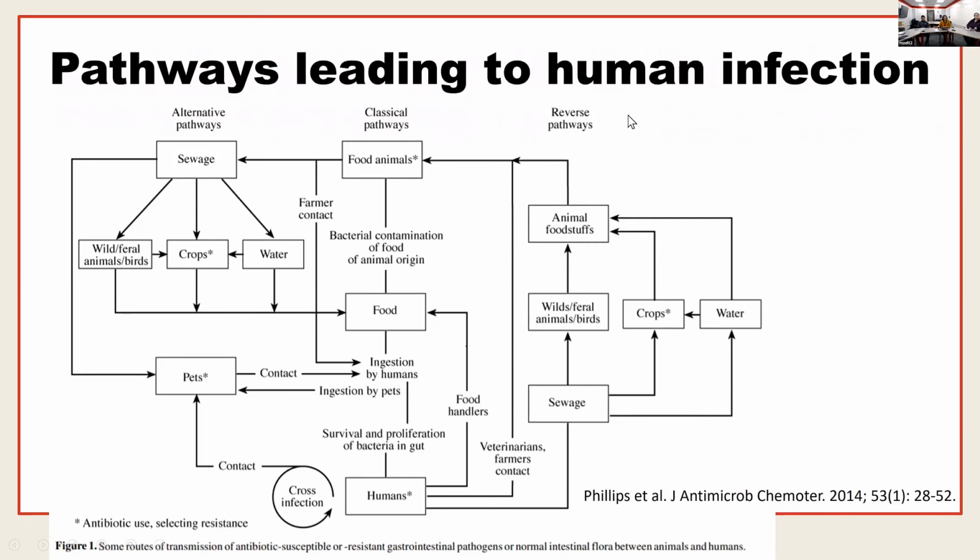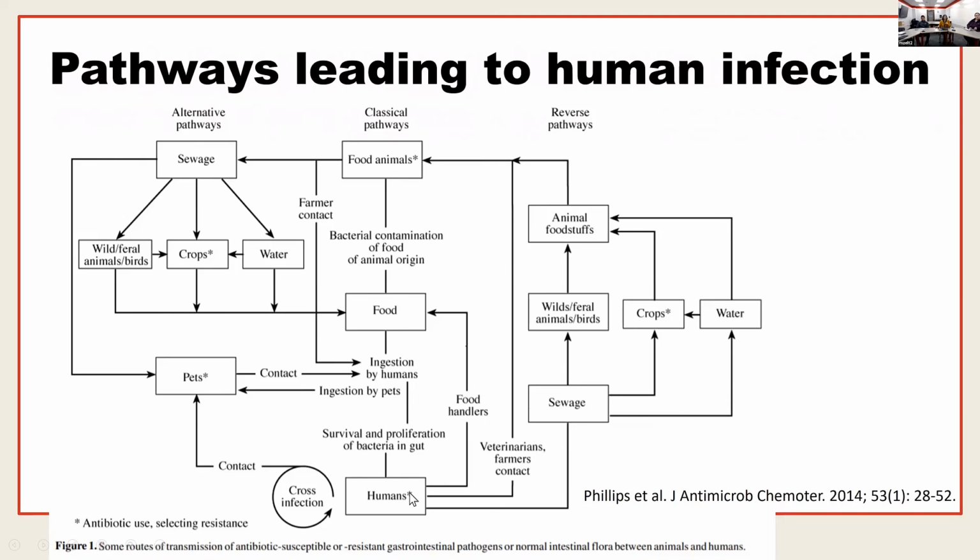But there is another pathway called the reverse pathway. This means it doesn't always start from food animals. It's not only the direction from food animal to food or to human beings.